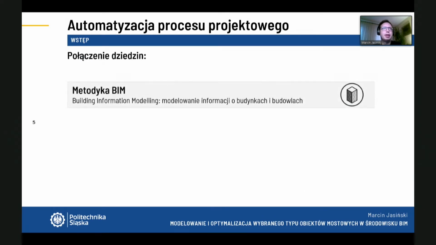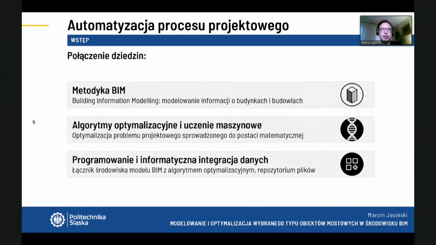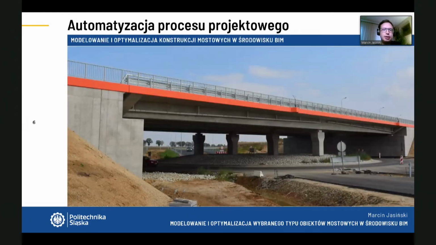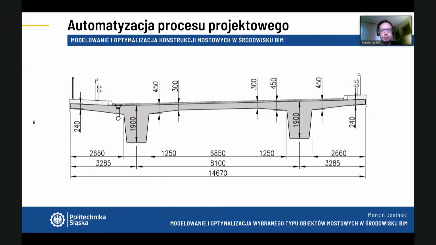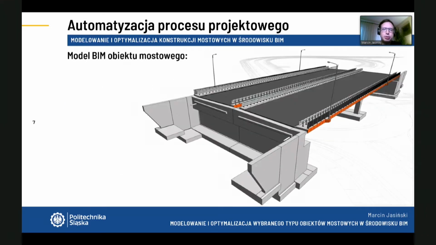For this, I will connect 3 elements: BIM methodology, optimization algorithms, and machine learning, with design and programming with IT data collection. One of the major goals is bridges made of prestressed concrete.